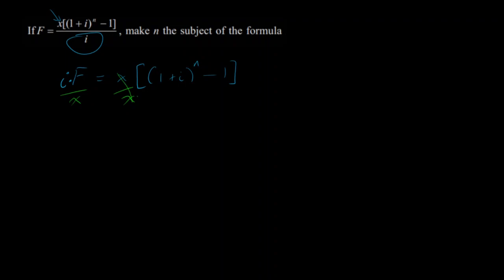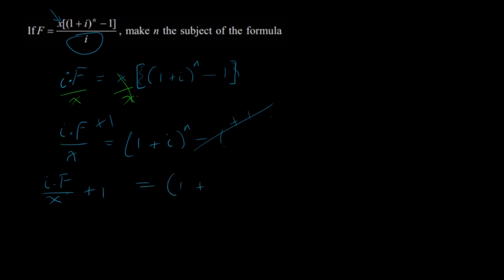So we now have i times f all divided by x being equal to, well, we can get rid of these square brackets now. That was the point of dividing by x. So we're left with 1 plus i all to the power n minus 1. Well, this one's easy. We're adding 1 to both sides. So now we have i times f divided by x plus 1 being equal to 1 plus i all to the power n.